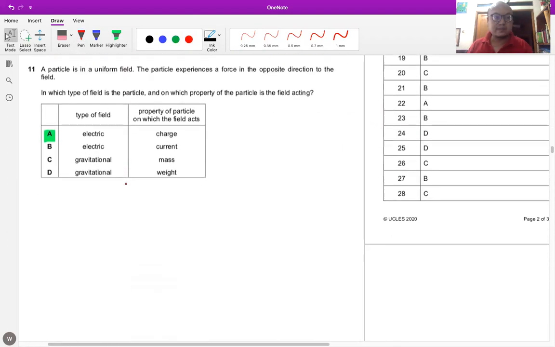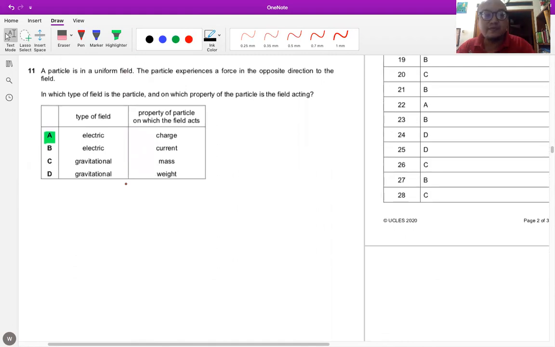Question 11. A particle is in a uniform field. The particle experiences a force in the opposite direction to the field. In which type of field is the particle, and on which property of the particle is the field acting?